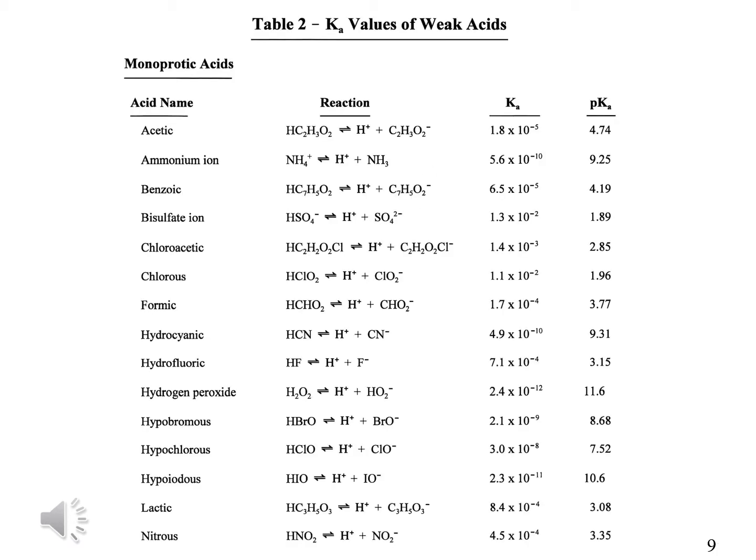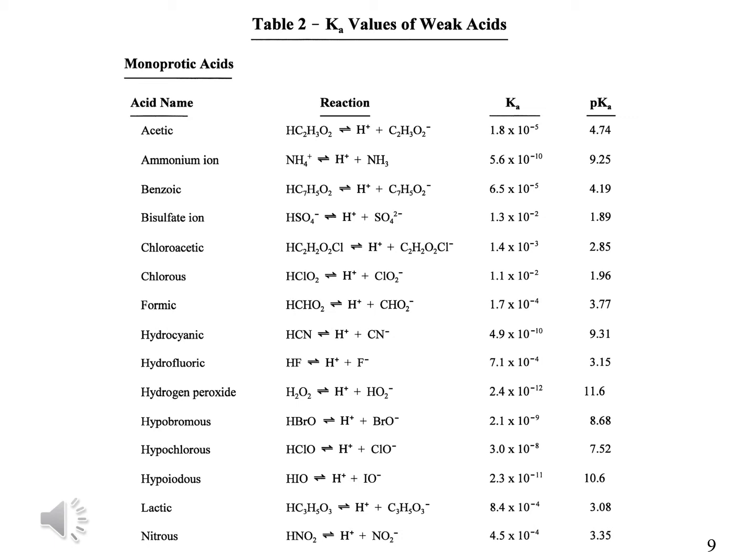You have a table of weak acids that have a value called Ka, which we're going to look at later. And these acids all lose 1 H plus on page 9. The only thing I want to look at about these right now is that you don't have to know all these names because they're right in the table.